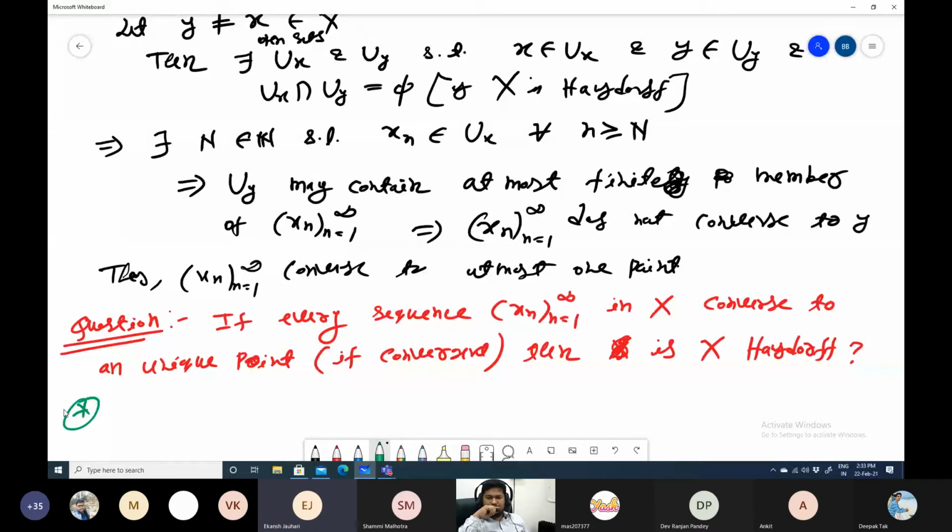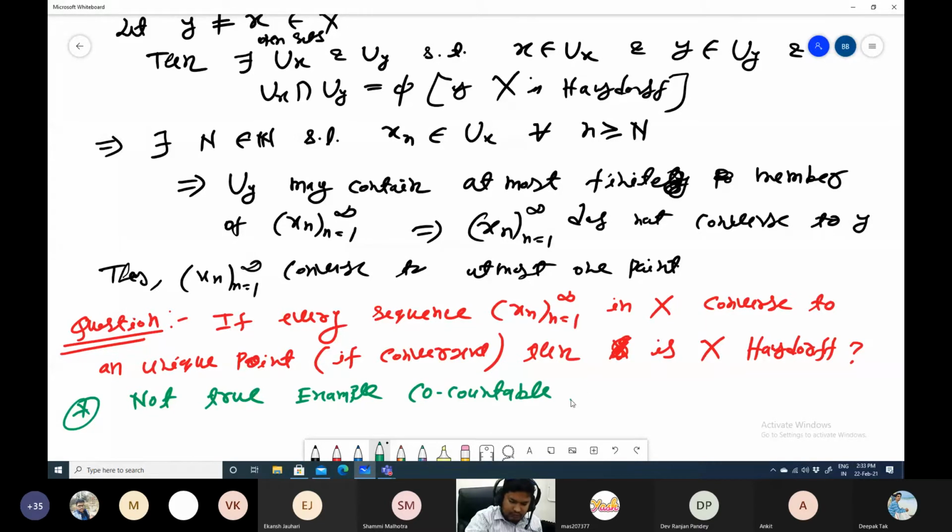So their limit is unique, but it is not Hausdorff. So if you take only convergent sequences, then it should be only a constant sequence, right? Yes, sir. So not true. Example: co-countable topology.